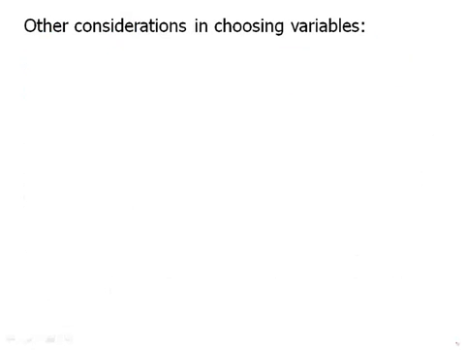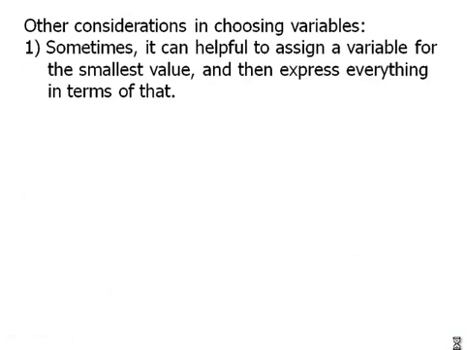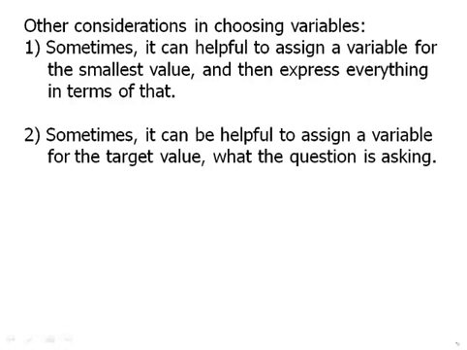Some other considerations in choosing variables. Sometimes it can be helpful to assign a variable for the smallest value and then express everything in terms of that. For example, in that last problem, it seemed that one of the women had the smallest salary. It might make sense just to assign one variable for that and express everything else in terms of that variable. Sometimes it can be helpful to assign a variable to the target value, what the question is asking.